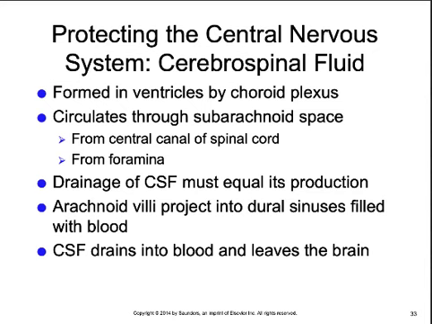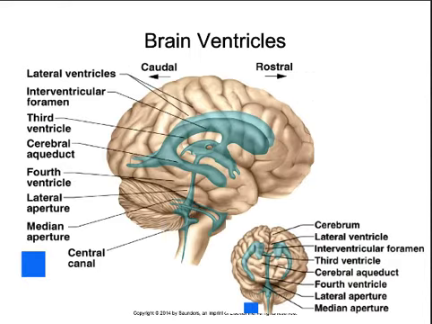The ventricles of the brain are lined with ependymal cells. You can see them here, okay? The two lateral ventricles, this is the interventricular foramina, this is the third ventricle, and then this is the cerebral aqueduct. Right there is the fourth ventricle, okay? And this is the central canal that's continuous with the fourth ventricle, okay?